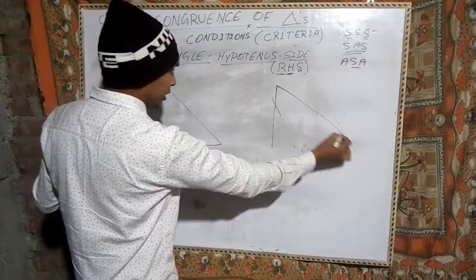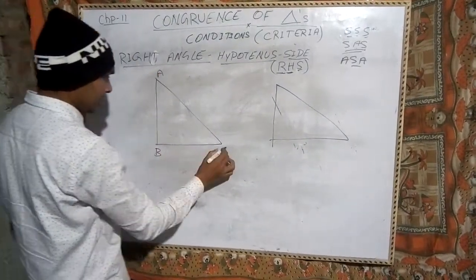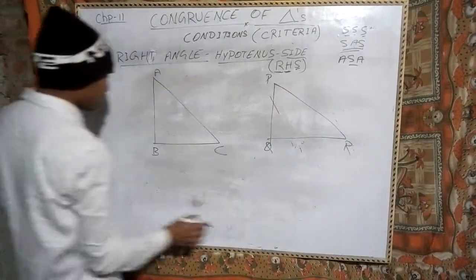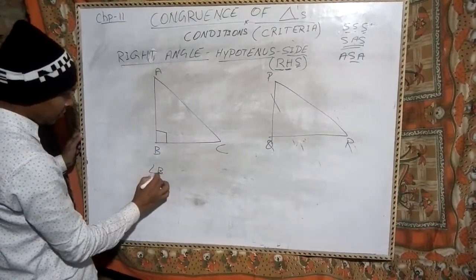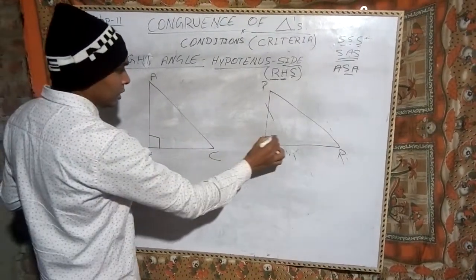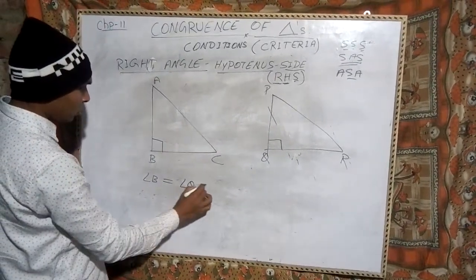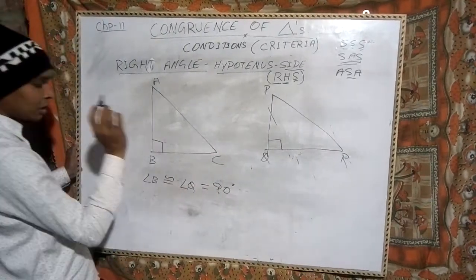This is another right angle triangle. Say A, B, C, P, Q, R. So in this right angle triangle, angle B is equal to angle Q in this other right angle triangle. Both are 90 degree. So both are equal and similar.